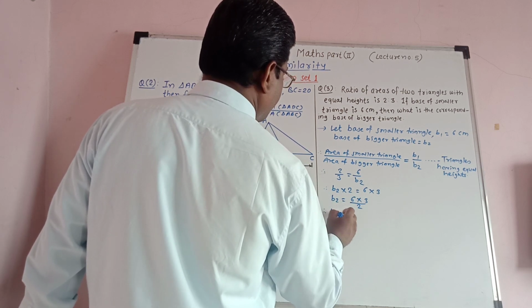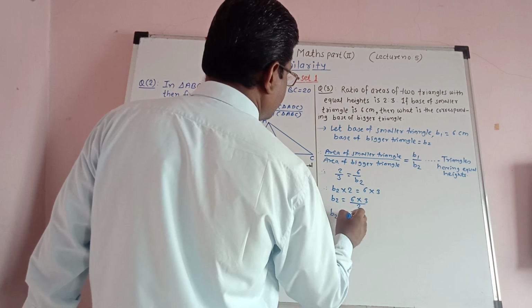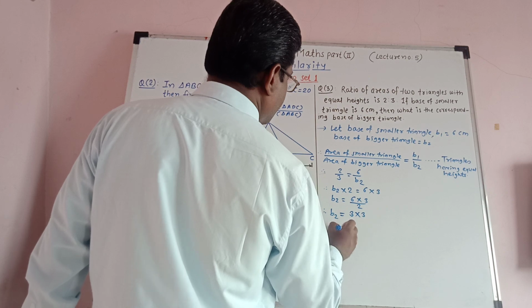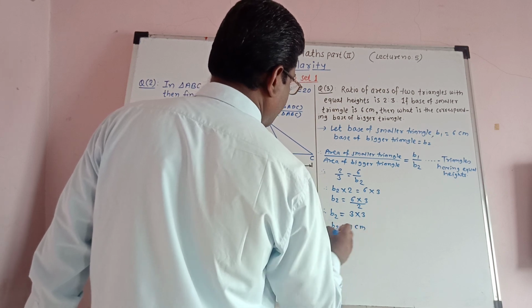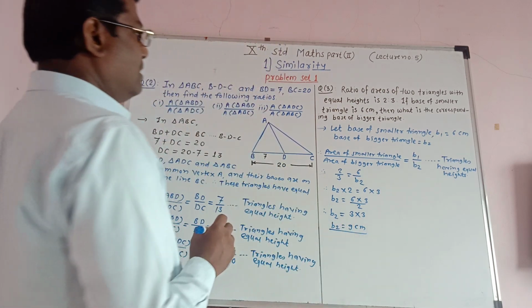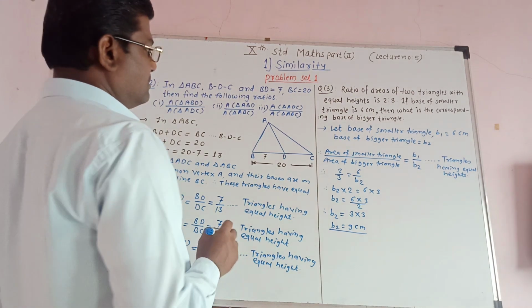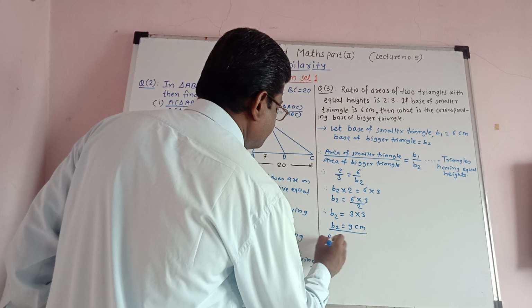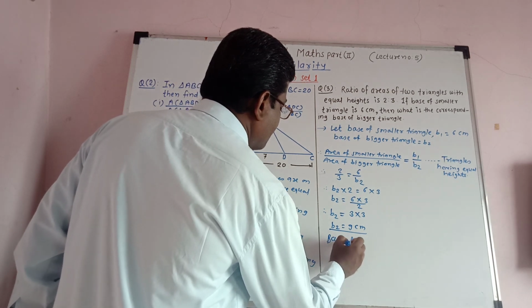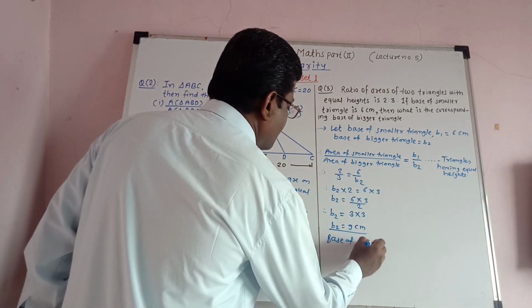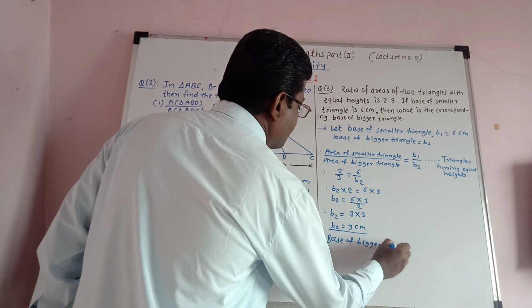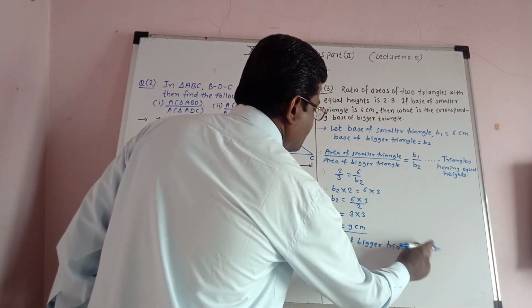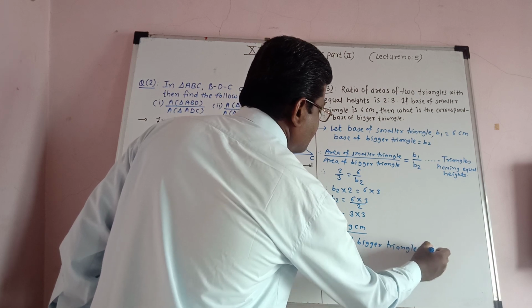Therefore, B2 is equal to 3 into 3. B2 is equal to 9 cm. So we write answer. Base of a bigger triangle is equal to 9 centimeter.